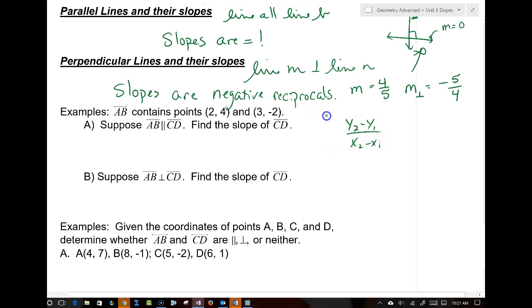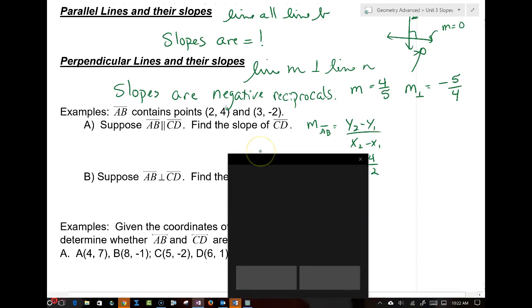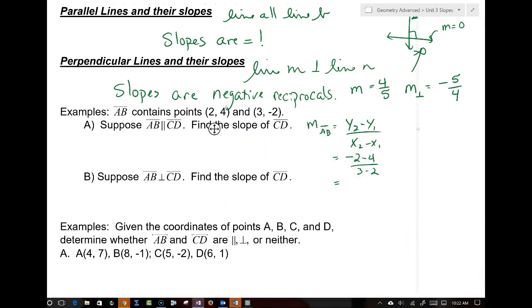I'm looking for the slope of segment AB, and I can quickly calculate it. I'm going to go -2 minus 4 over 3 minus 2. Notice I don't take the time anymore to label x2, y2, x1, y1. You should know how to do that. And we end up getting, isn't that -6? Right, -6 over 1.